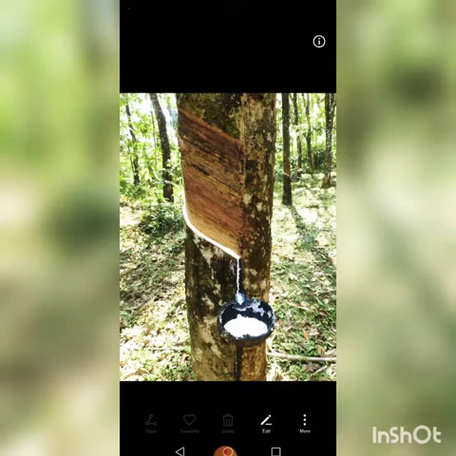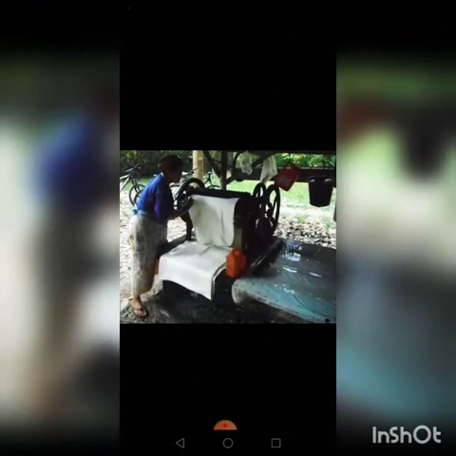A rubber tapper comes and neatly chips off small edges of the trunk. And he puts a small coconut shell or a rubber or plastic bowl kind of a thing so that milk flows into that vessel. And this milk is collected and then made into sheets using a machine.